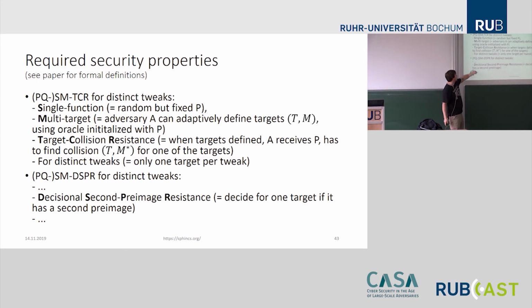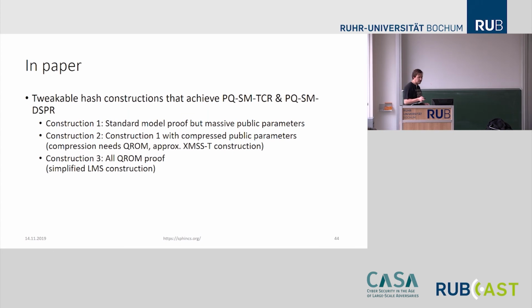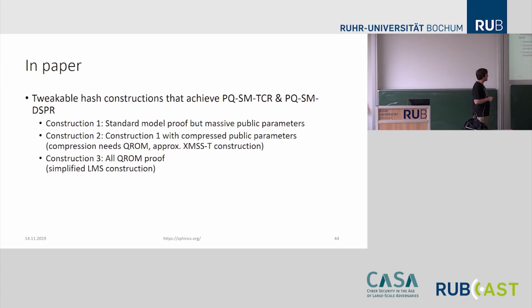Well, and the second property we need is, again, a single function multi-target version of this decisional second-preimage resistance. And then we actually give 3 constructions for functions that achieve these properties. The first one starts with a standard model proof, but pretty massive public parameters, and just requires essentially second-preimage resistance and decisional second-preimage resistance for the underlying hash function.